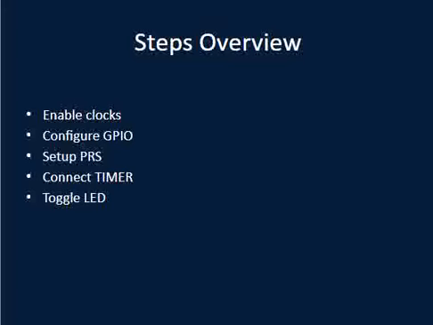Now what we have to do in code to enable this: we have to enable the clocks, configure the GPIO, set up the PRS, connect a timer and toggle the LED. We have talked about a few of these in our previous code examples, so you can have a look at how you initialize them.